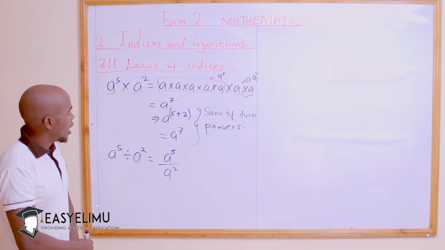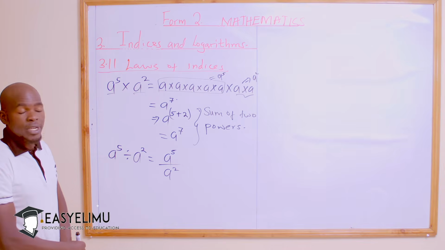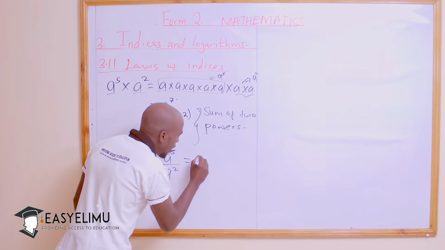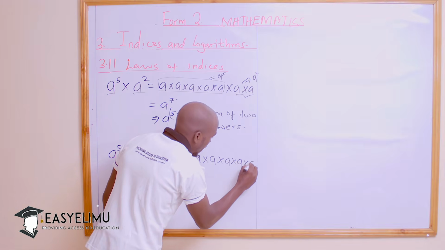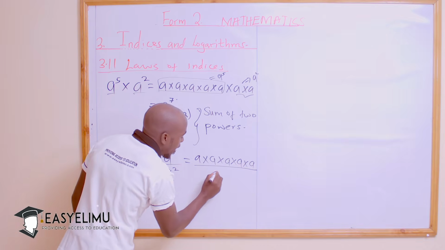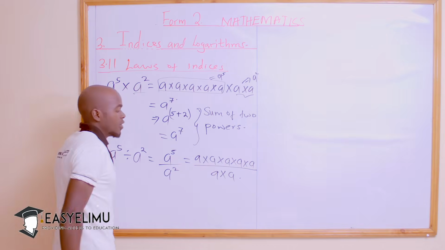And here, if we write it in long method, we shall find that this is the same as writing a multiplied 5 times divided by a multiplied by a.